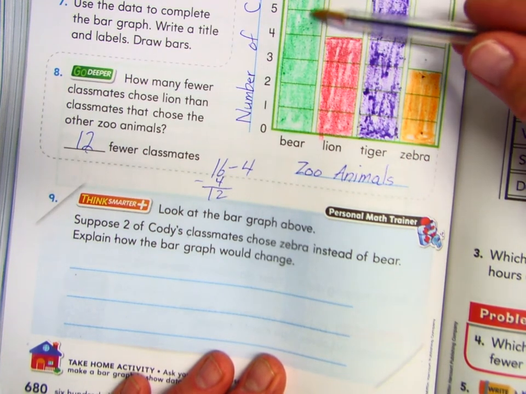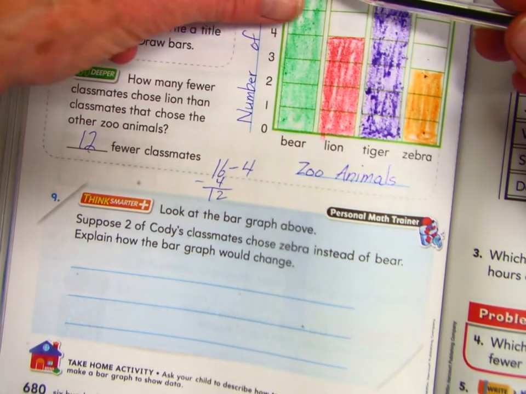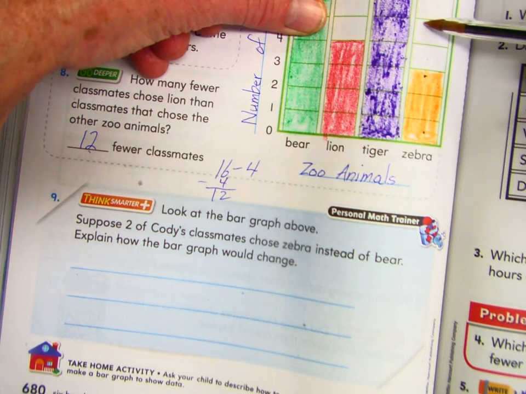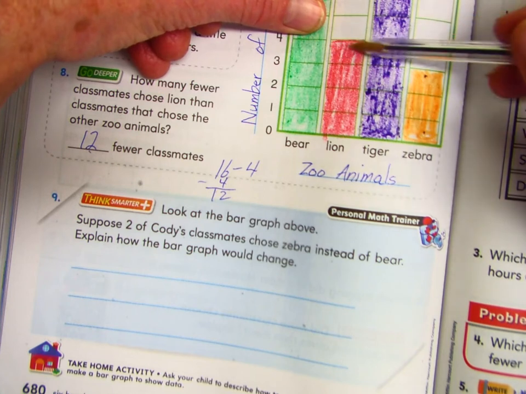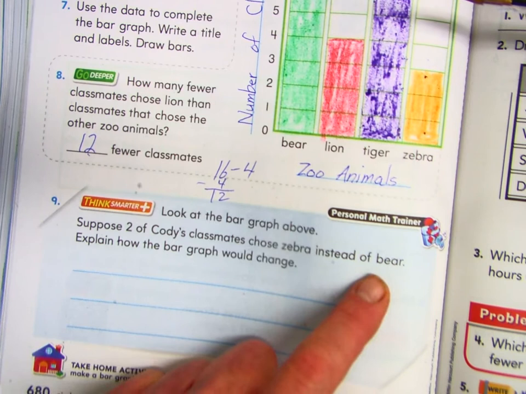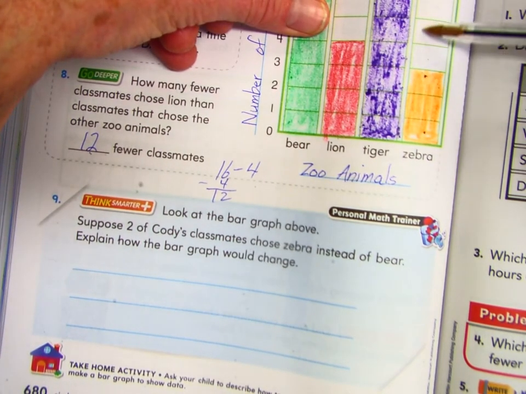So we'll take 2 of the bears away and we'll add them here to the zebra. If I take 2 bears away, there'll be 4, just like the lion. But the zebra will go up to 5. Zebra would now be in second place. It would be ahead of lion and bear. They would have the same at 4, and zebra would have 5. That's what would happen if 2, instead of picking bear, had picked zebra.